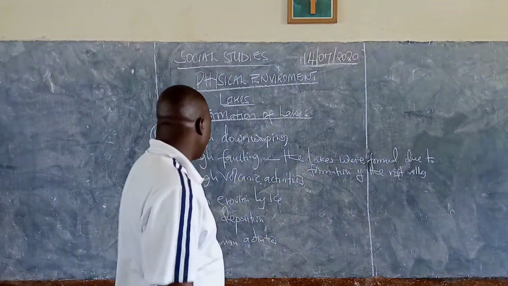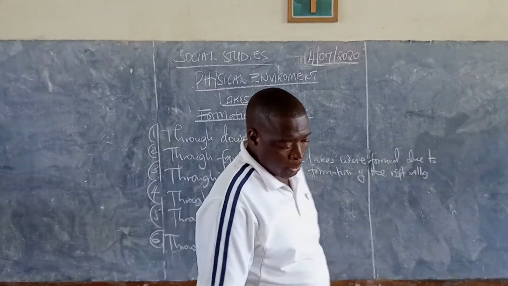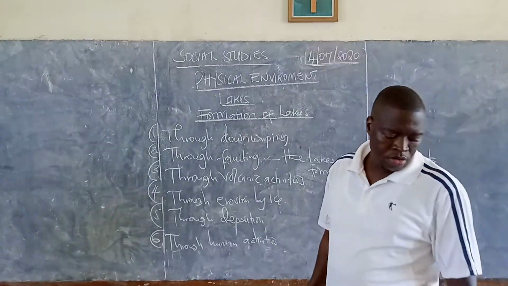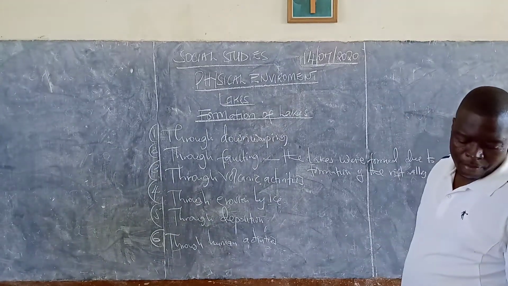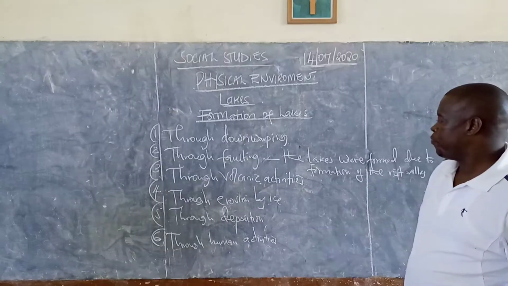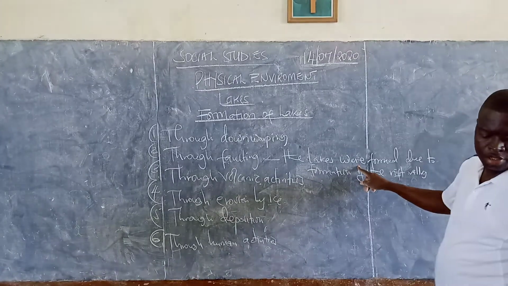So we are saying that lakes formed under faulting were formed during the formation of the Rift Valley. We have so many examples of this.